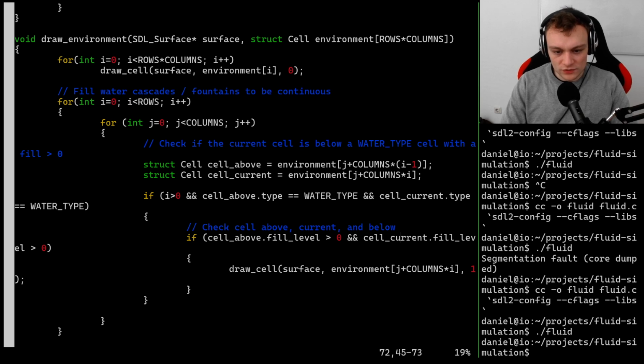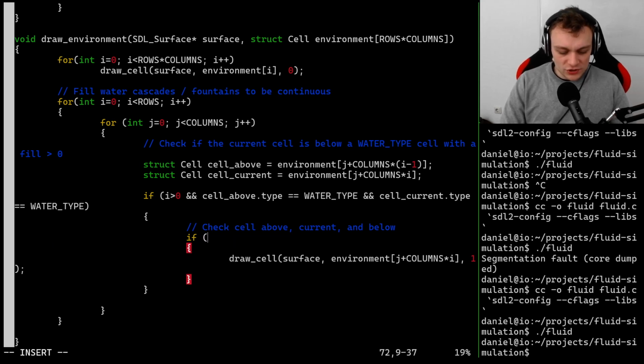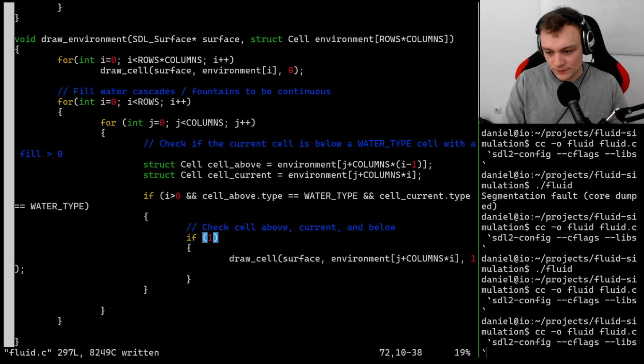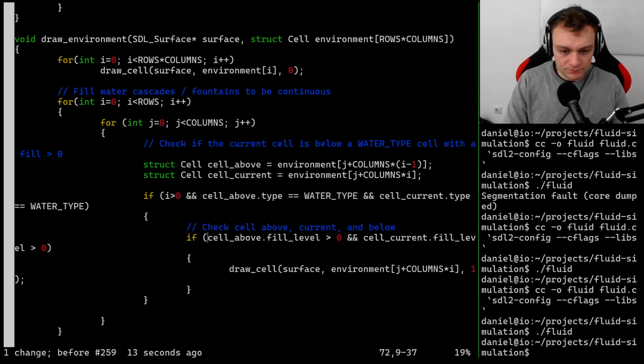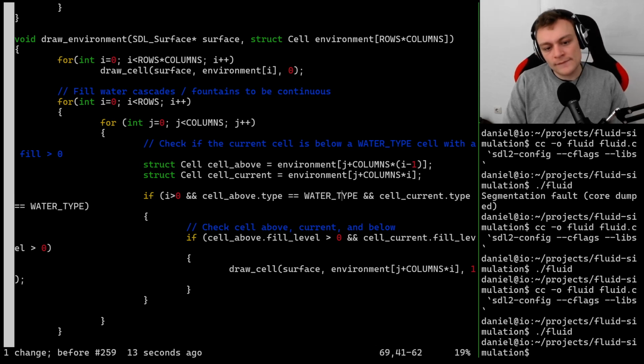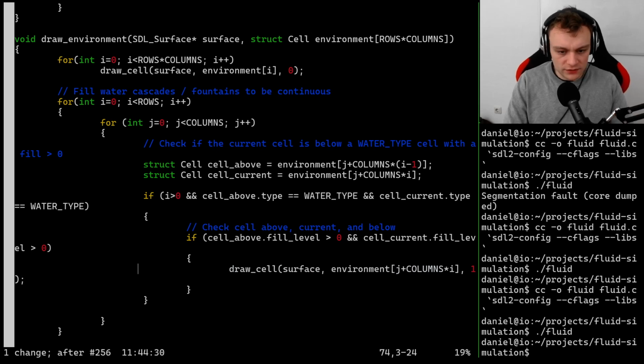How about we let's just change this to 1. So in any case, completely fill the cell. Yeah, of course, this is stupid. So if I is bigger than... Oh, let's have another look at that.